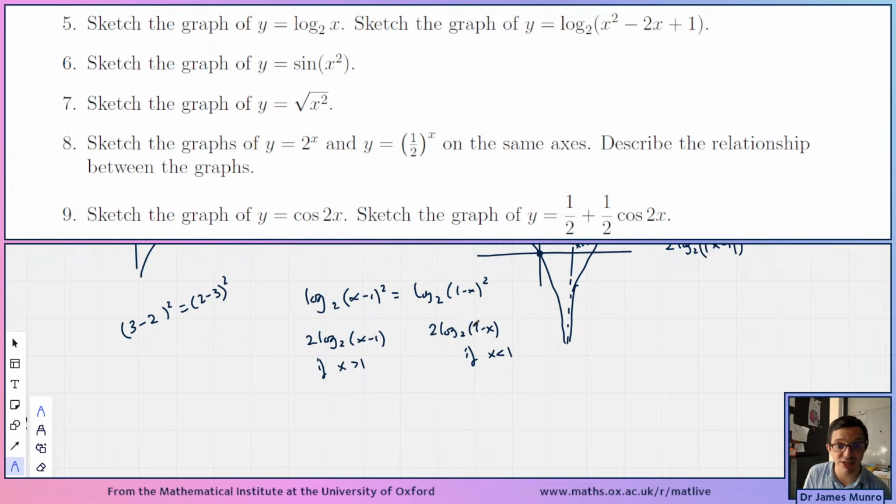And then a snappy way to write that is to say, aha, this is just the absolute value of x minus 1 in both cases. Because on the right there's a minus sign, but the modulus sign doesn't worry about that minus sign. That is subtle. I think I missed this last year as well.